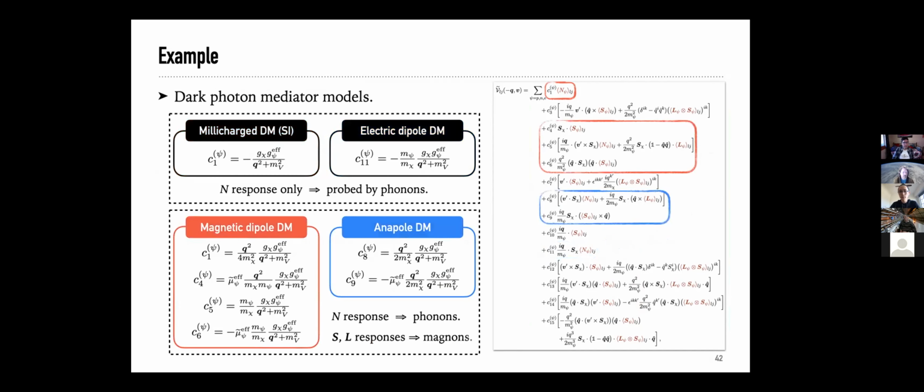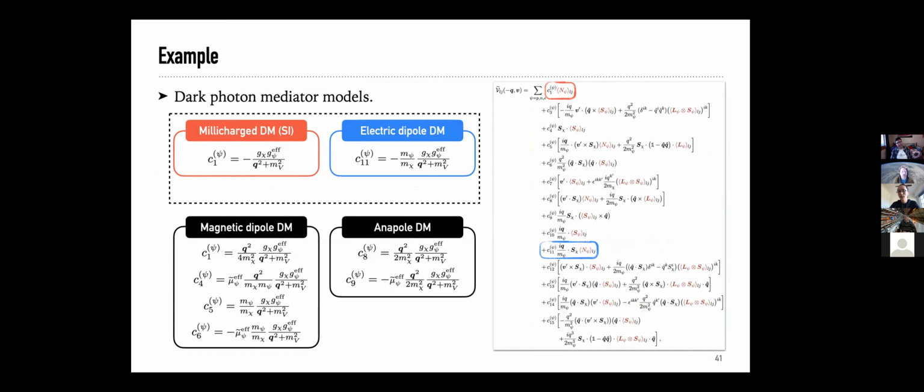Sorry to interrupt again. Yeah, no worries. But in this case, the interaction is mediated by photons, no? By a heavy vector mediator. Okay, it's not mediated by photons, because I thought you have some millicharge. You say you have millicharged dark matter.